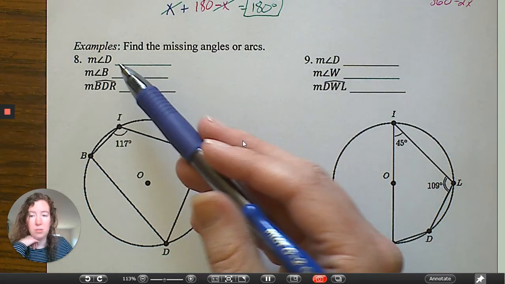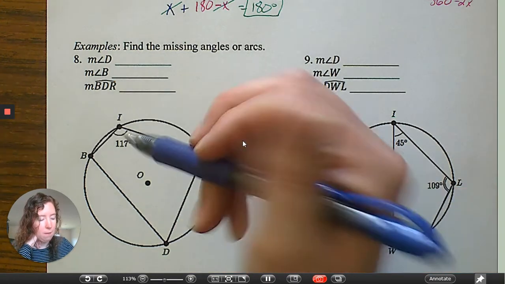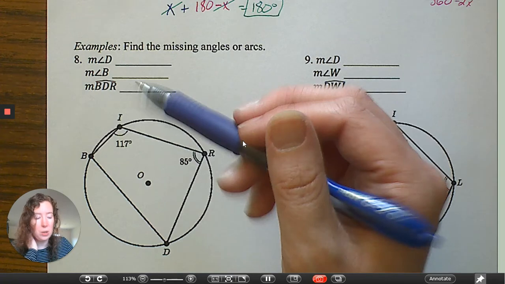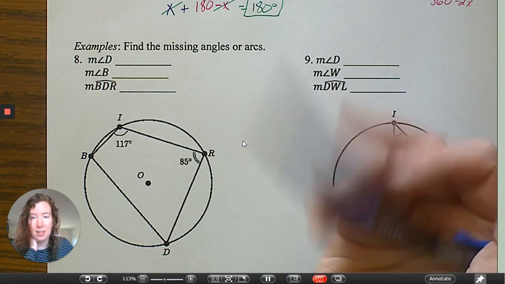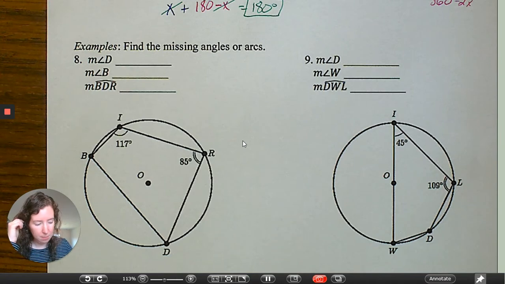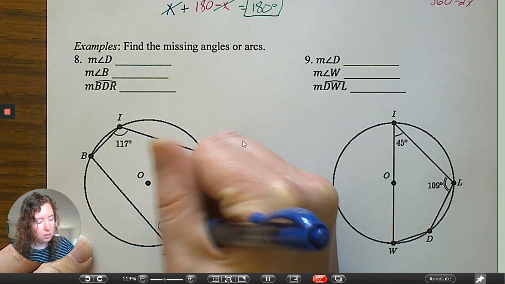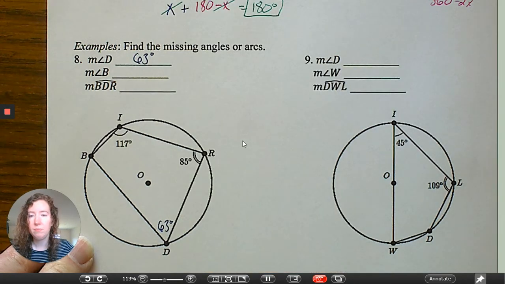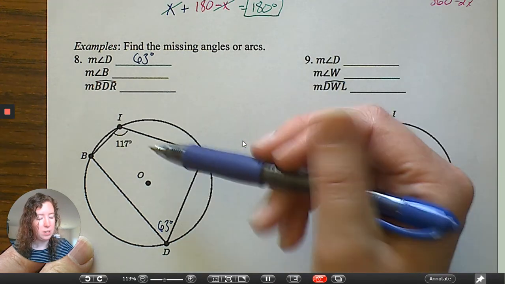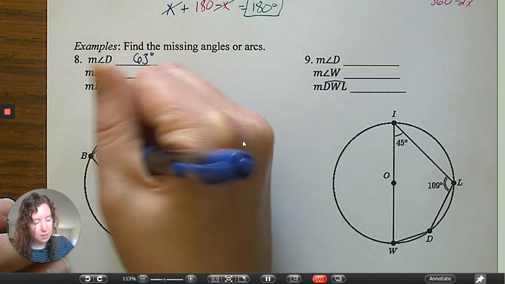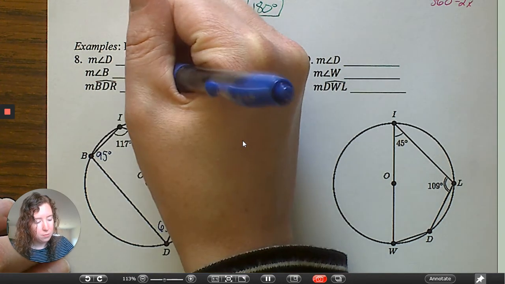So we want to find measure of angle D. Well, angle D is opposite of angle I. So we know that the opposite angles in an inscribed quadrilateral are supplementary. So if I just do 180 minus 117, I'm going to get 63 degrees. Same thing here. If I do 180 minus 85, I will get 95 for angle B.